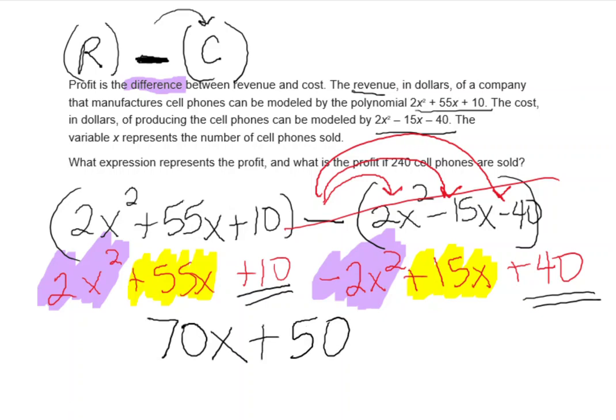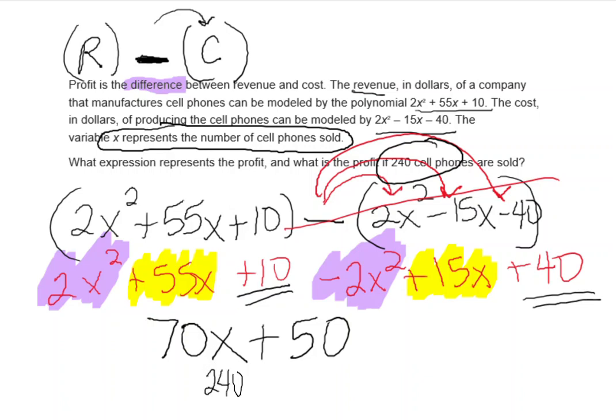So that would be the expression that represents the profit, and we got that from subtracting revenue minus cost, paying close attention to how a subtraction sign affects the terms in the parentheses after it. Then they ask, what is the profit if 240 cell phones are sold? Well, x represents the number of cell phones, so we just plug in 240 for x.